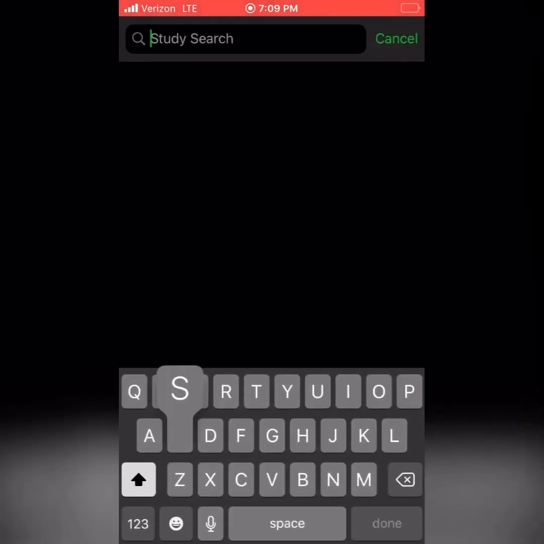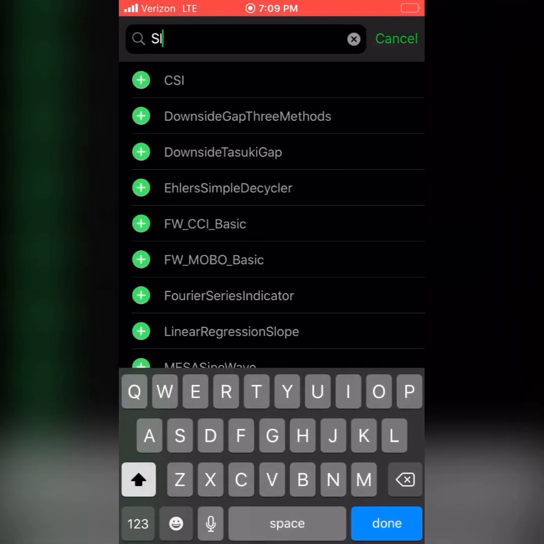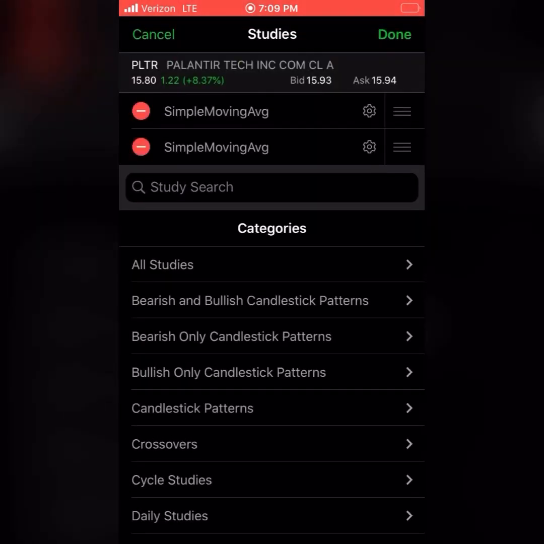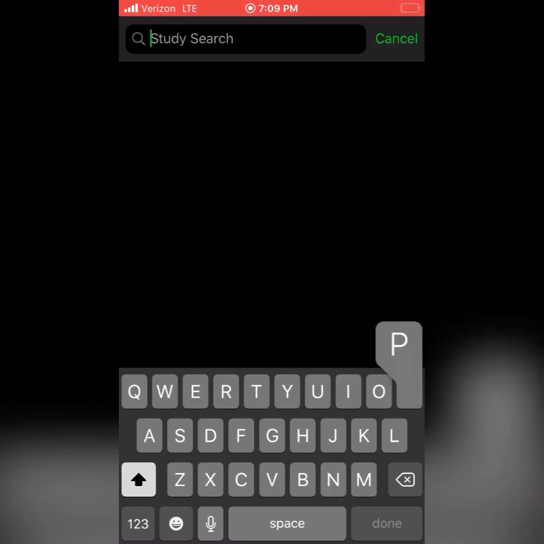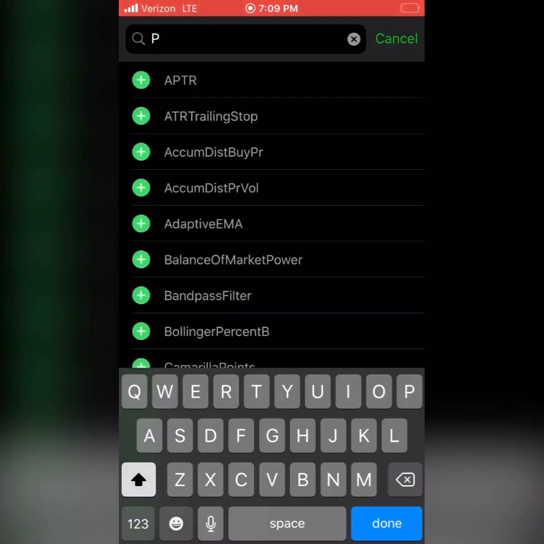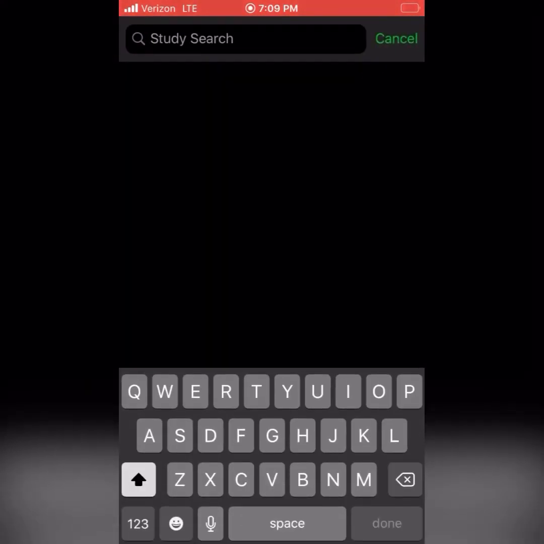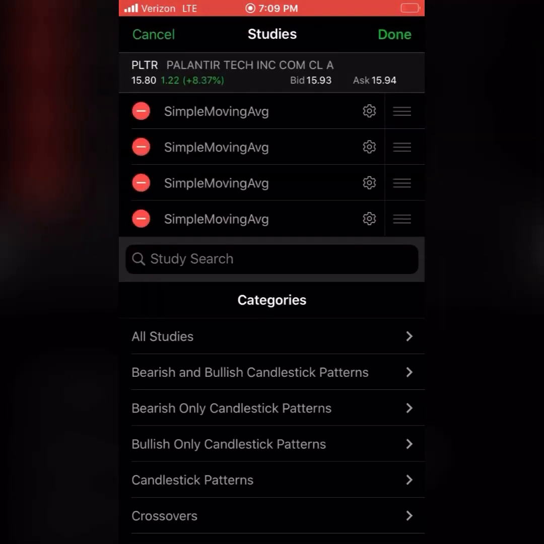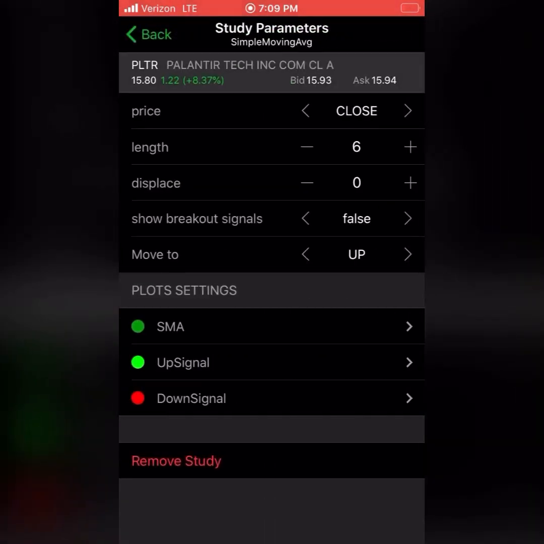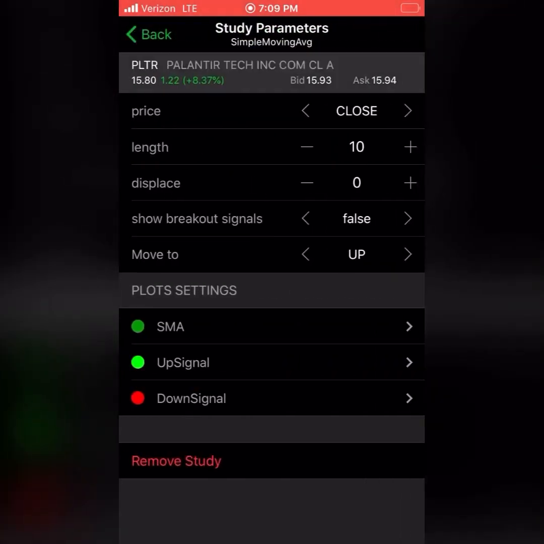So let's go with simple moving average first. We're going to want to add 4 of those guys because 2 of them will be paired together. So you'll have 2 pairs working together of your simple moving averages, and I'll explain that in just a second. Alright, so your first one, you're going to go over to this length and you're going to set 5, and the next one you're going to go over to that length and you're going to set 20.